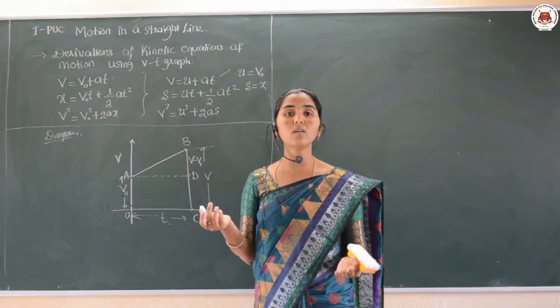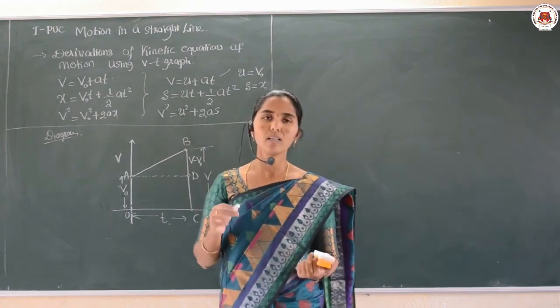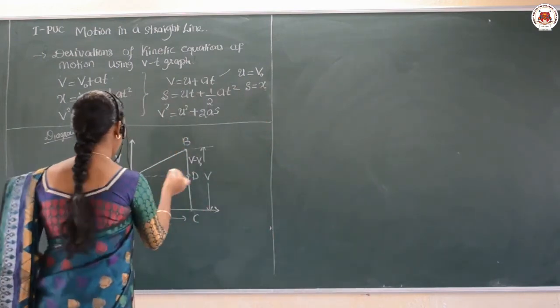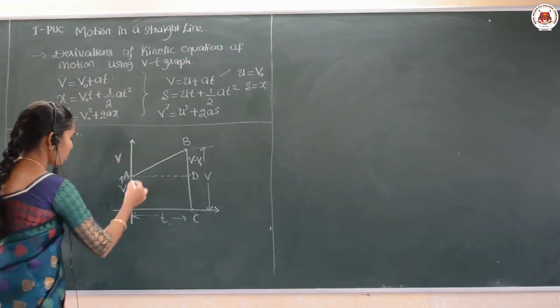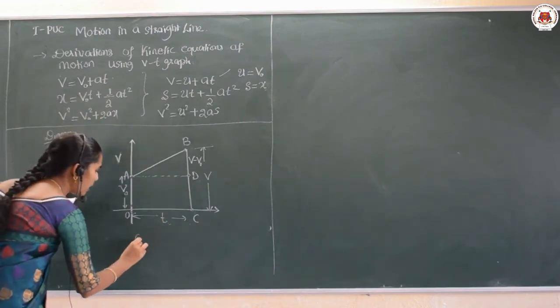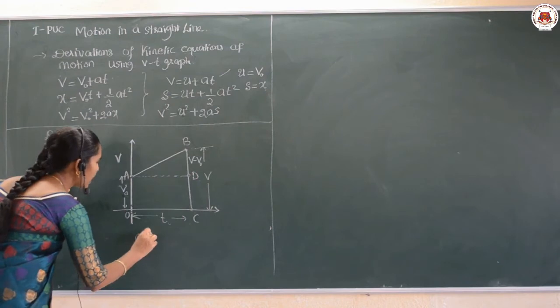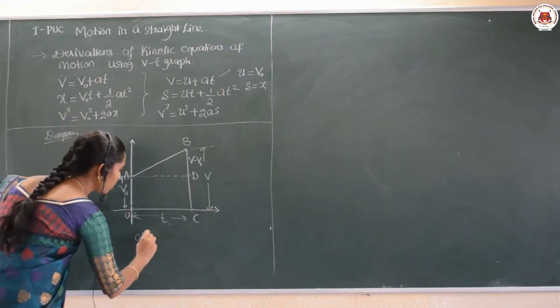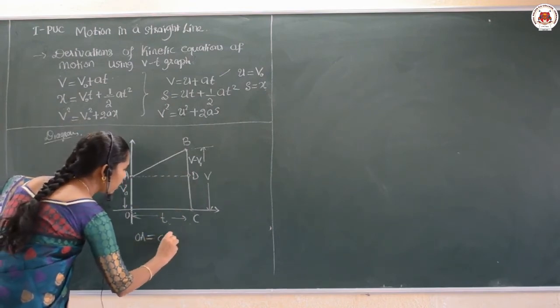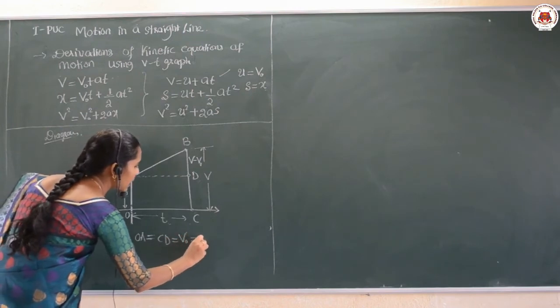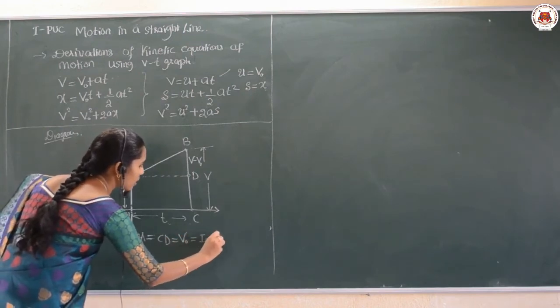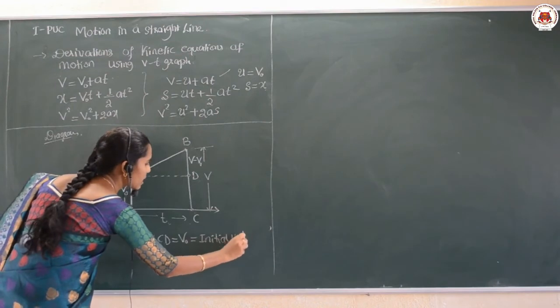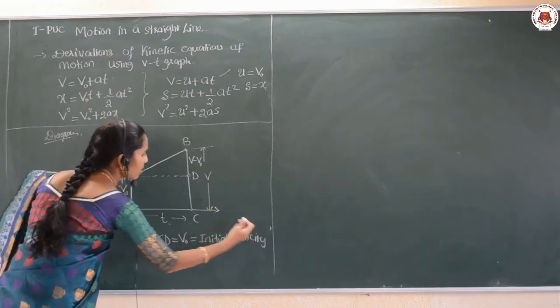All the things we need to understand here, isn't it? So here, after drawing this diagram, you have to write the certain related points. OA is equal to CD, that is equal to V naught, the initial velocity, right?